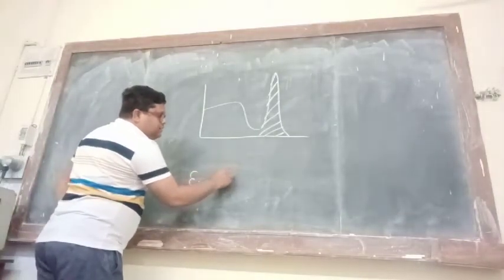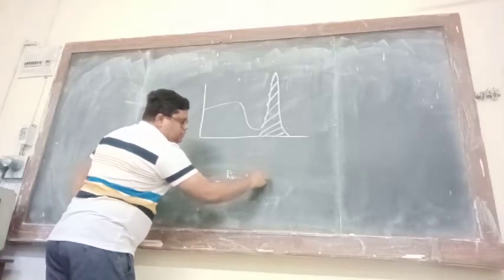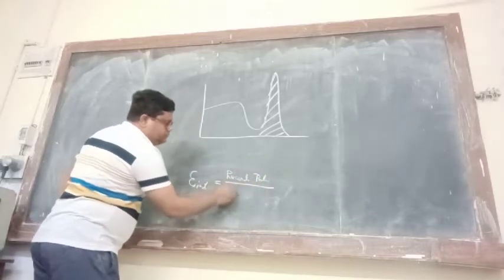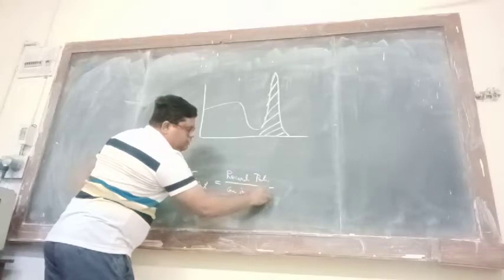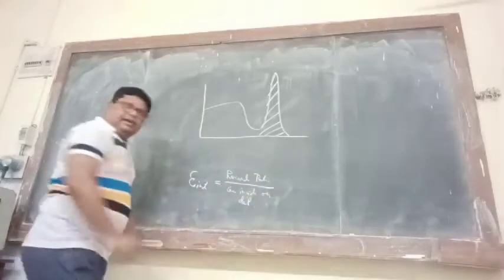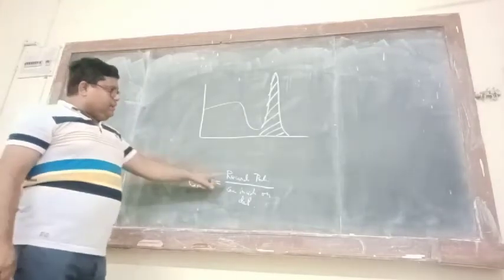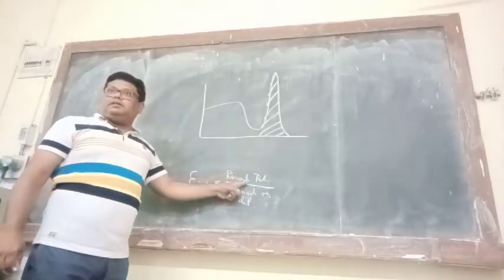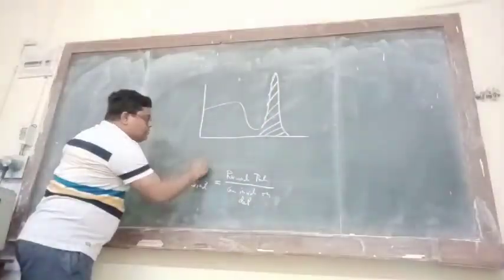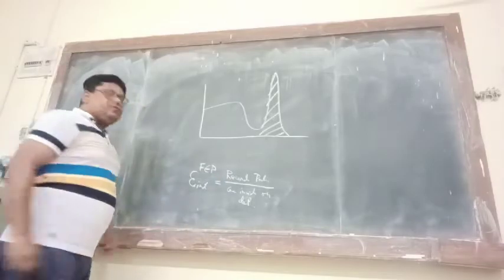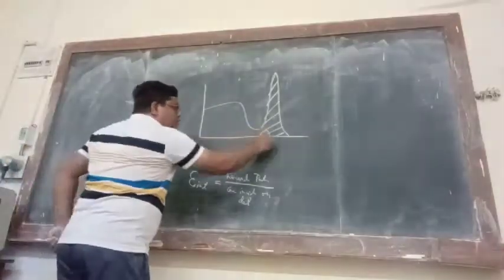It was the recorded pulses divided by gamma rays incident on the detector. So this is the definition of intrinsic efficiency. Now when I say recorded pulses, if I record only this full energy peak, then what I will have is the full energy peak intrinsic efficiency. And so this is possible like this.